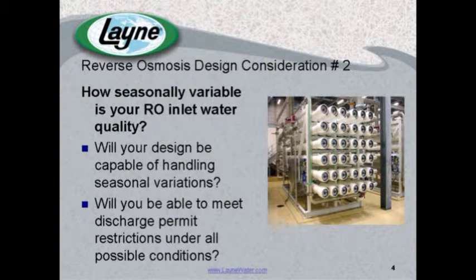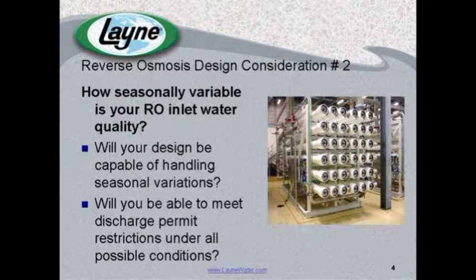But really taking the time to run some process charts and make sure you understand what the mean is, as well as the highs and lows, will save you potentially a lot of headaches down the road. One thing you want to ask yourself is, if there are seasonal variations, will your system be able to handle that? Have you accounted for all the possibilities? And on the discharge end, will you be able to meet your discharge criteria?